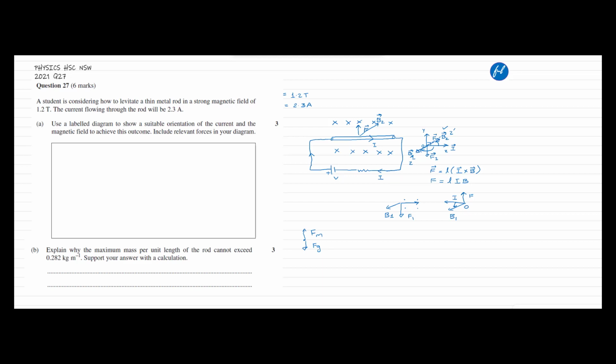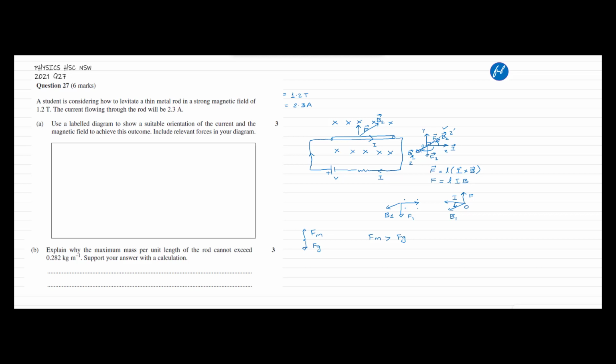So for the rod to be moving upwards, the force due to the magnetic field has to be greater than the force due to gravity. If it is equal, then it will be in equilibrium, it will not be moving, and therefore it has to be greater.